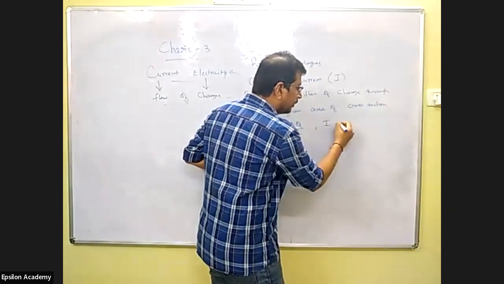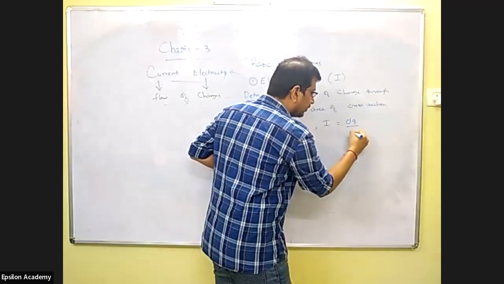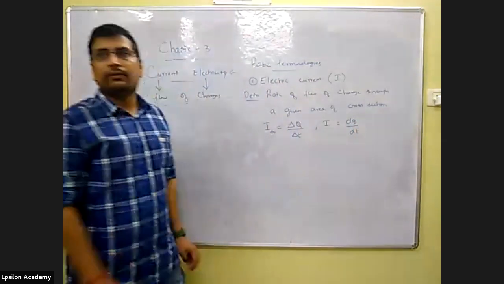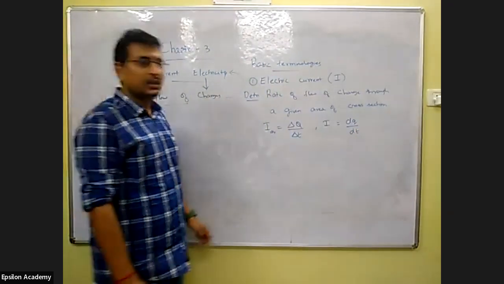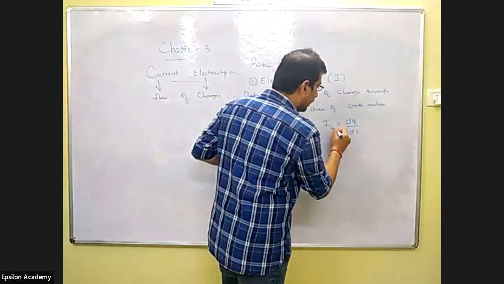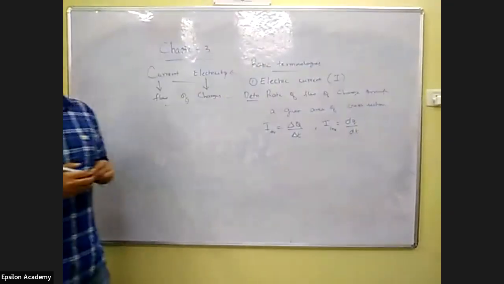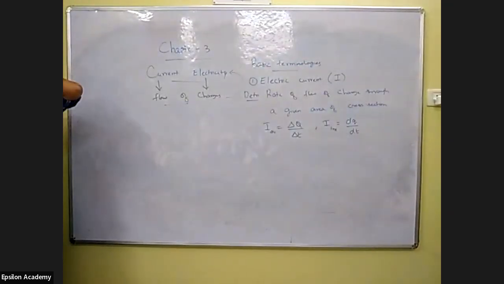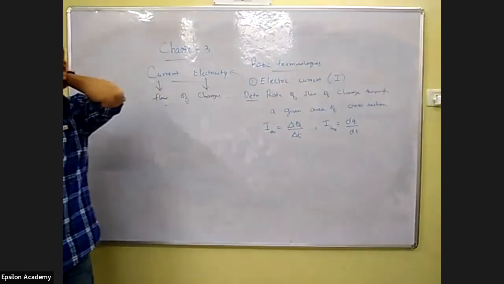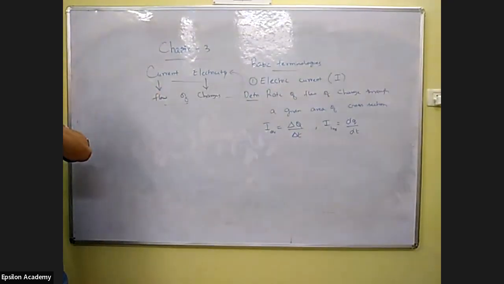Similarly, you have another type of current where you write dq divided by dt, which you call instantaneous current. You have to understand this.